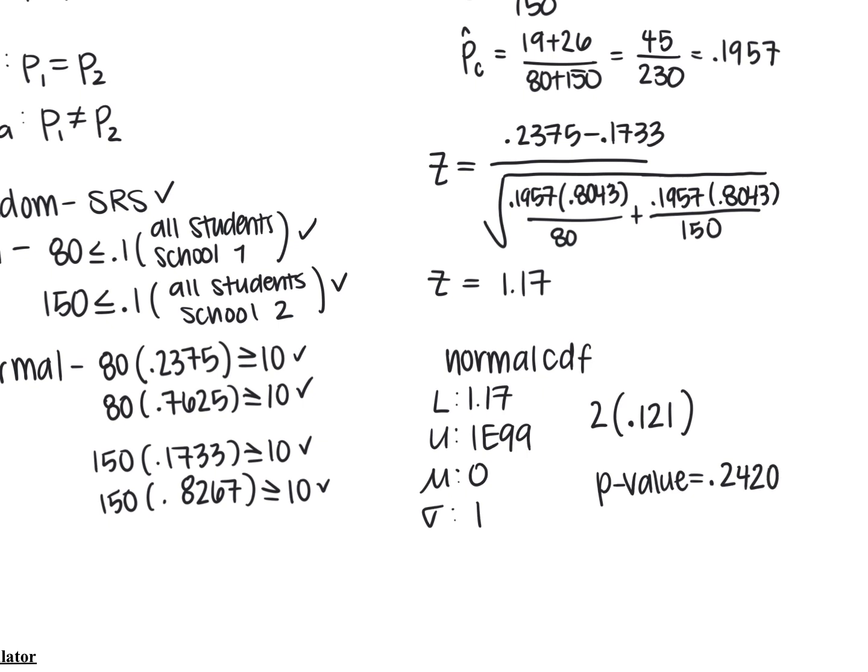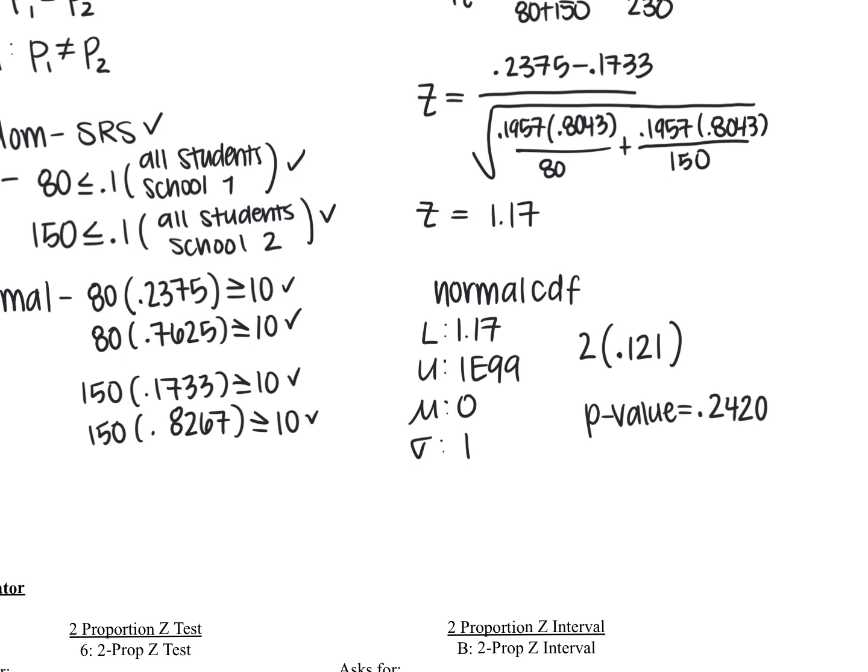Now I want to compare this to my alpha, which is obviously greater than 0.05. So whenever your p-value is greater than alpha, you fail to reject your null hypothesis.